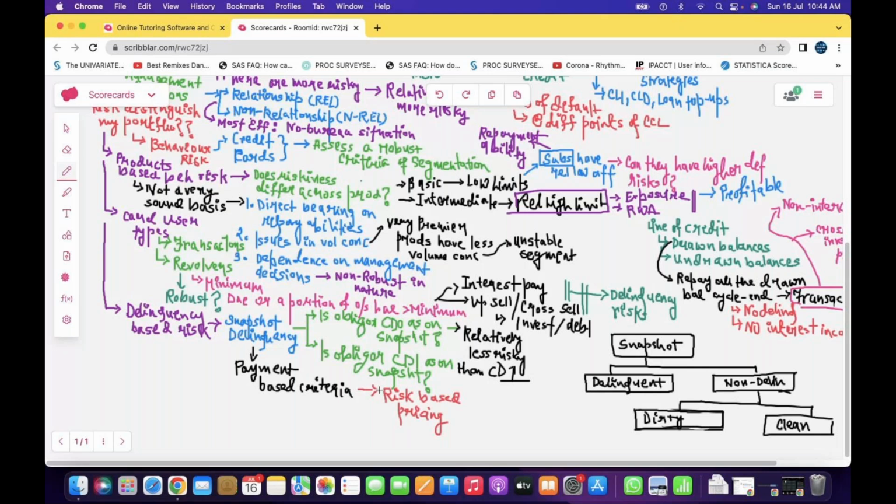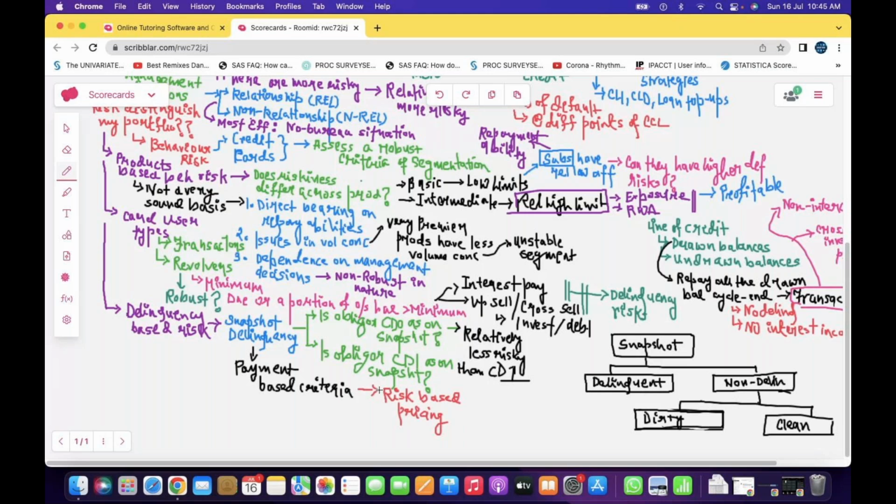Now, most of the scorecards, especially when you are building a scorecard for behavior risk for a credit card, the delinquency based segmentations are very widespread. This is the most fundamental form of segmentation. Further segmentations are observed in terms of vintages and seasoning of the accounts for regulatory models. But for scorecard models, these are the three broad segments that we generally have, right?